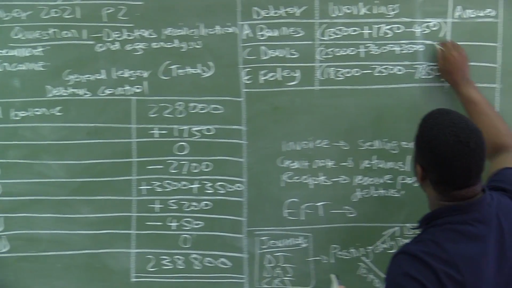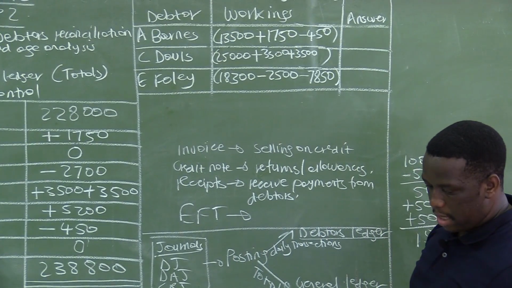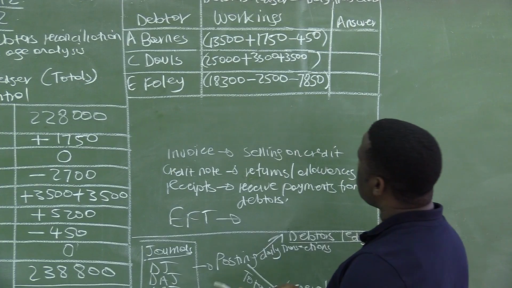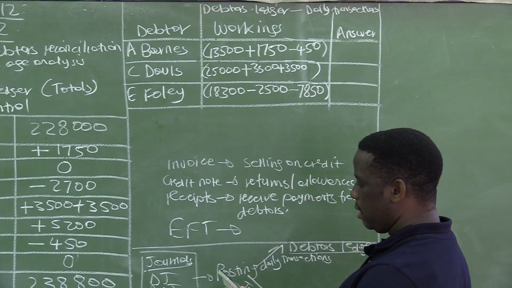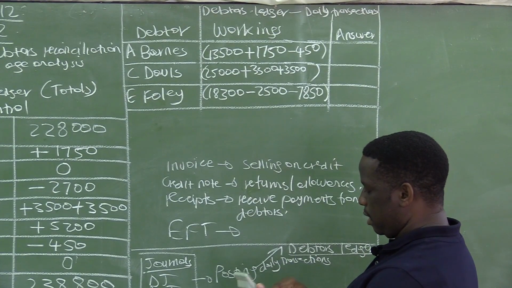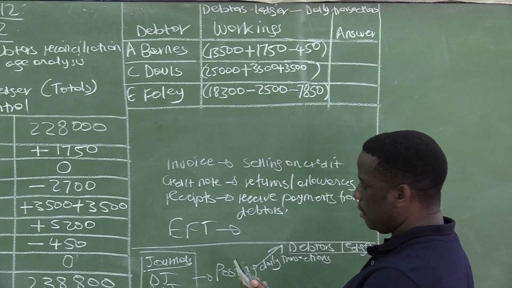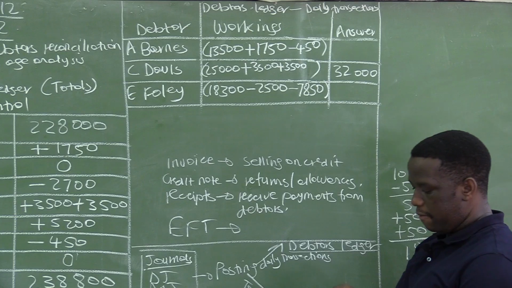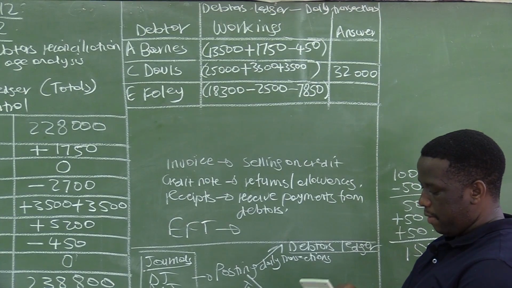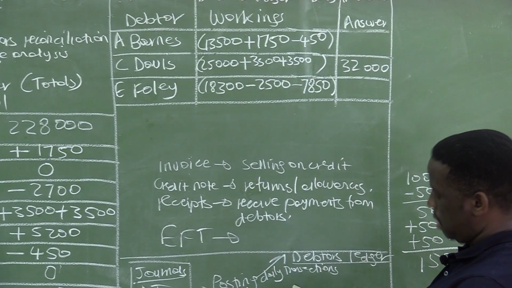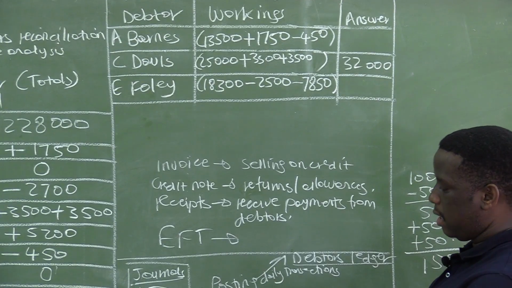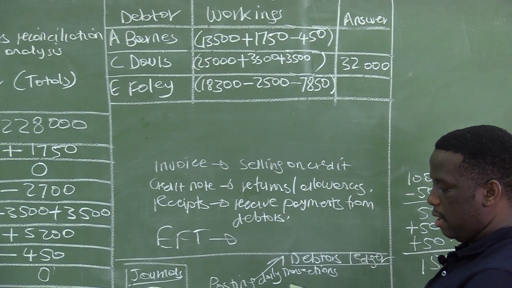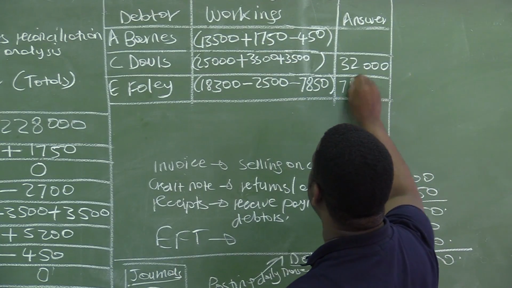Let's then calculate C. Davis here. C. Davis, you have 25,000 plus 7,000. That's 32,000. And E. Foley, you have 18,300 minus 2,500 minus 7,850 equals 7,950.